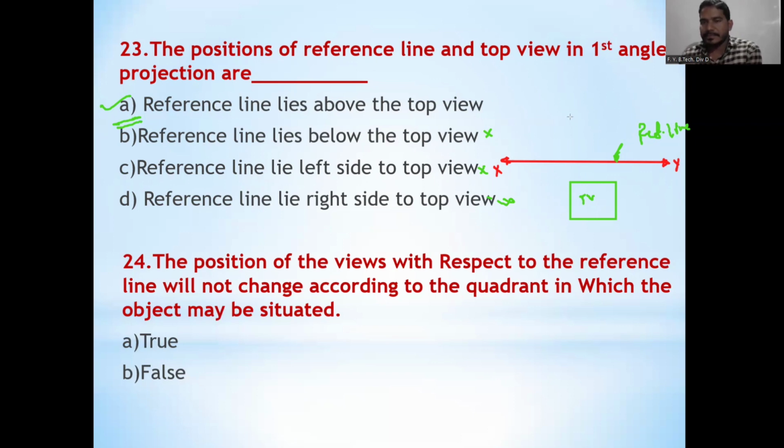At that time, whatever our front view is, it is above the reference line. This is the front view and the top view is below the reference line. And suppose the object is kept in the third quadrant, then how will the views be, the front view and top view?